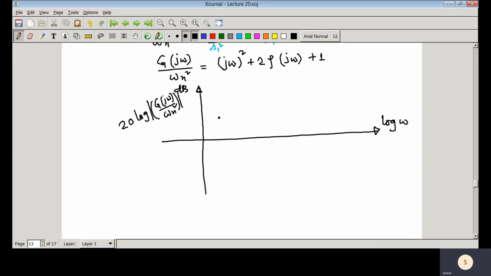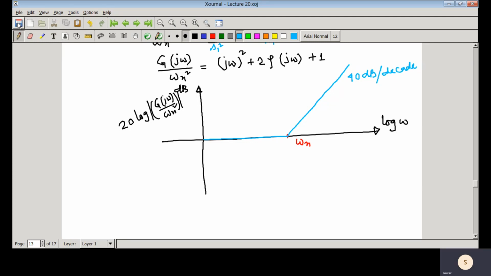If we plot that, omega n is the corner frequency, as we have seen. Below that corner frequency the asymptote is approximately equal to 0, and above it the slope is 40 dB per decade. We have seen that one.